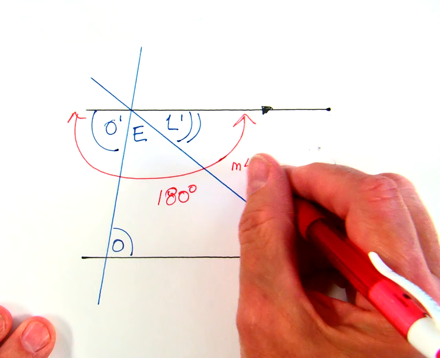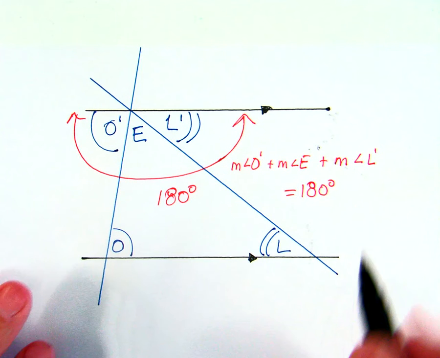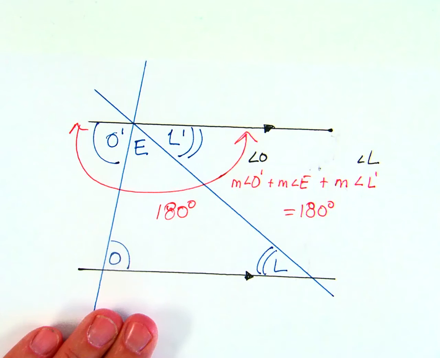From there, it's a simple matter to substitute in. L and L prime are the same, so I can substitute in L here. O and O prime are the same, so I can substitute O in here, and I will have that the measure of the three angles of the triangle add to 180 degrees. We've demonstrated it by tearing the paper, and we've proven it for all triangles with our little short proof here.